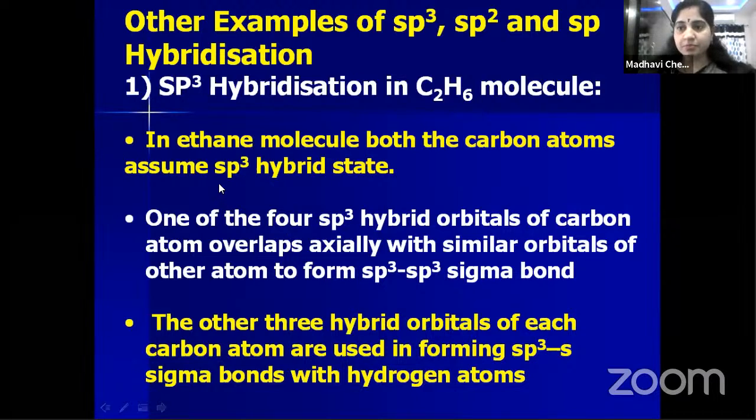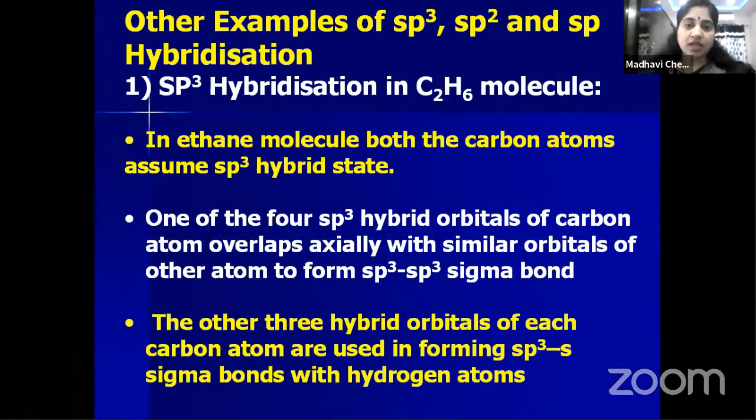So 4 sp3 hybrid orbitals, because one s orbital and 3 p orbitals. In total, how many atomic orbitals are undergoing hybridization? 4 atomic orbitals are undergoing hybridization. That's why they form 4 sp3 hybrid orbitals. All these 4 sp3 hybrid orbitals have the same energy and the same shape, right?